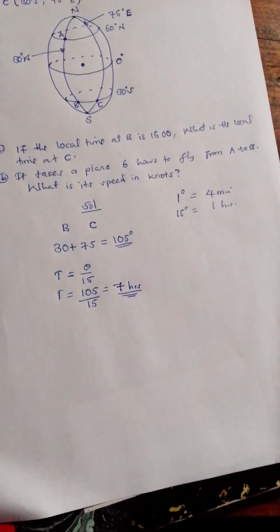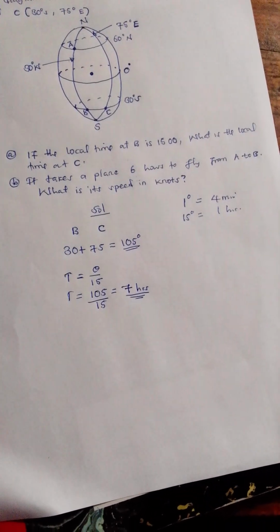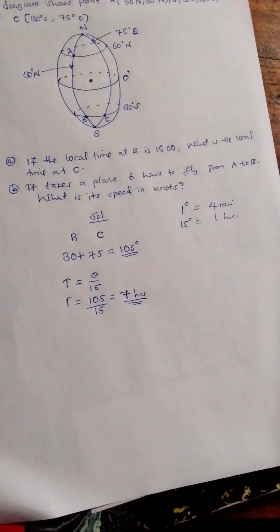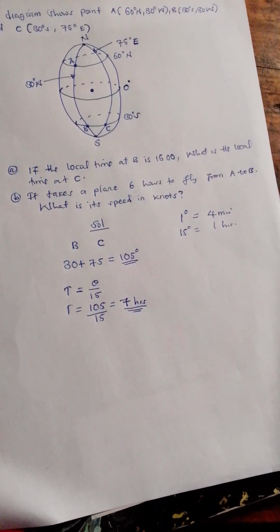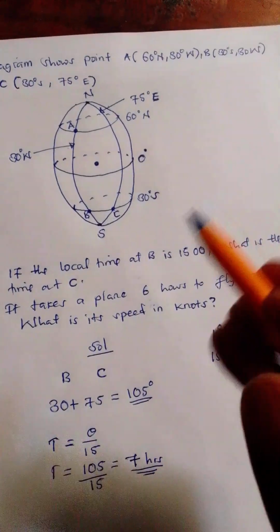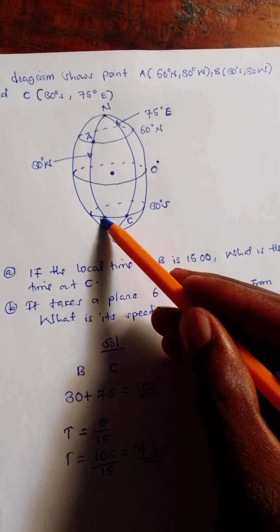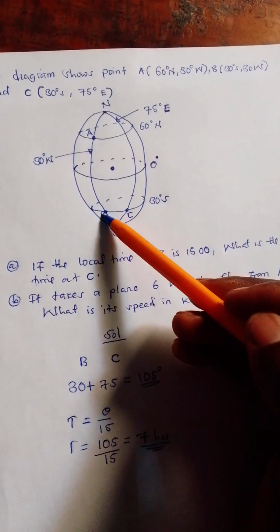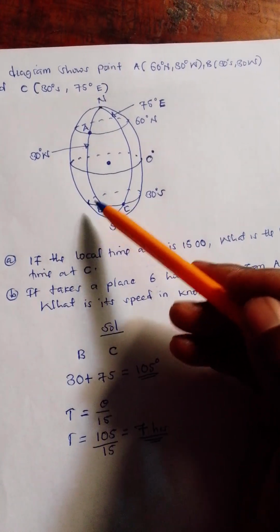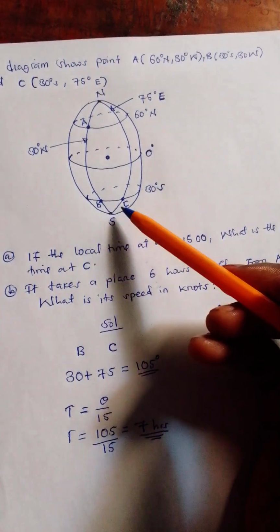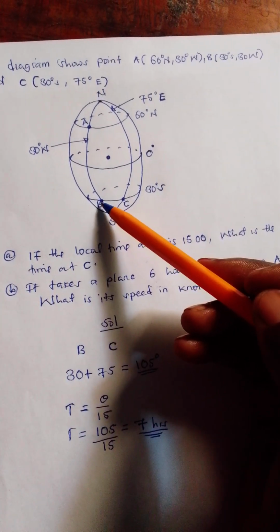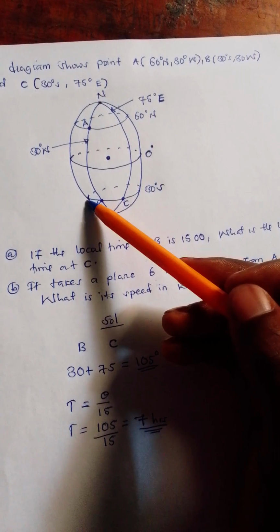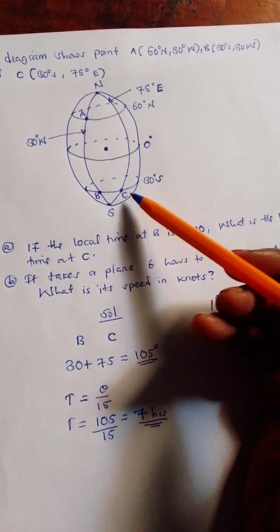Since we've calculated the time using the longitudinal difference between B and C, we can say that B is west of C. If we go to the west, we lose time. If we go to the east, we gain time.